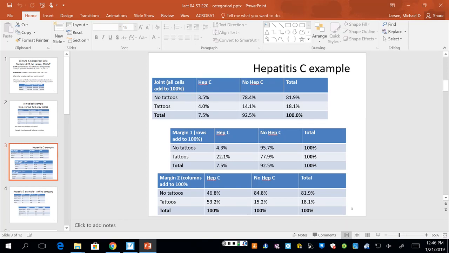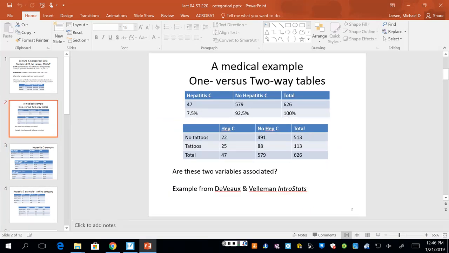Or you could look at one of the rows. If we just look at that row here, there's 513 individuals. 22 out of 513 had hepatitis C. So among those with no tattoos, if I'm asking what percent of those individuals had hepatitis C, it's just 22 out of 513.